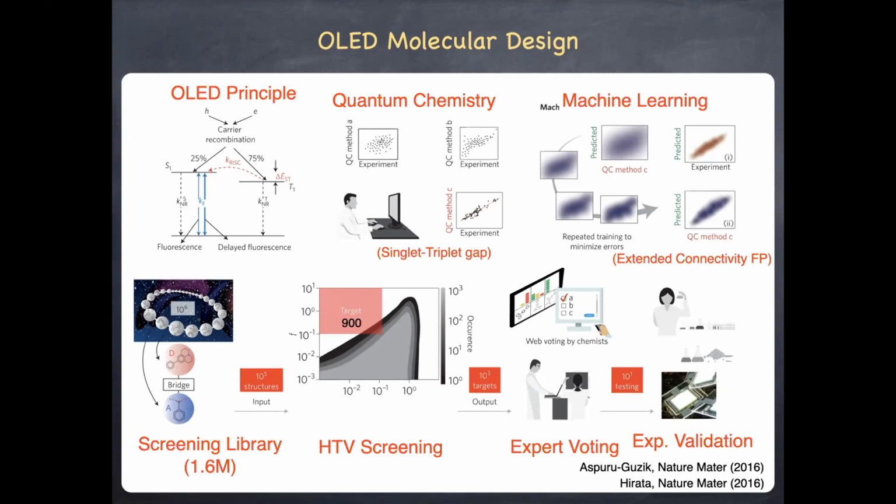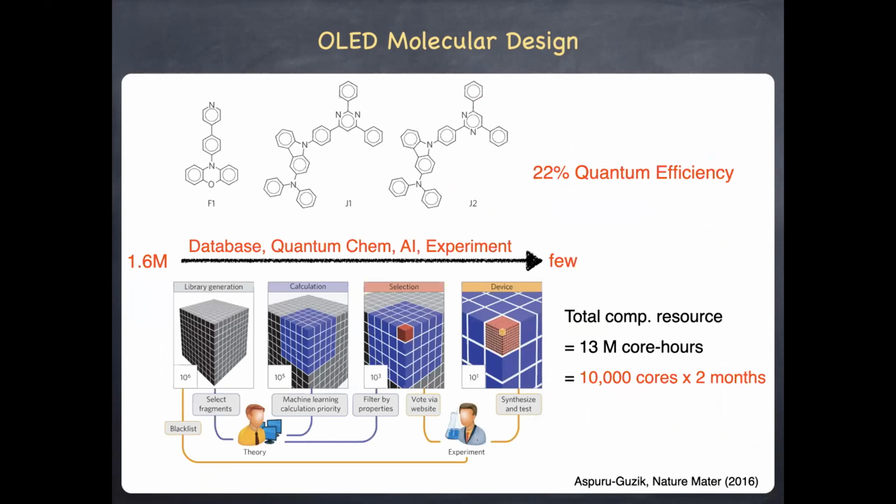Then they selected about 1,000 of them that might be promising. And then they obtained some sort of expert voting, and finally chose about 5 to 10 candidates that were synthesized for validation. They obtained several blue OLED molecules with reasonably high quantum efficiency.